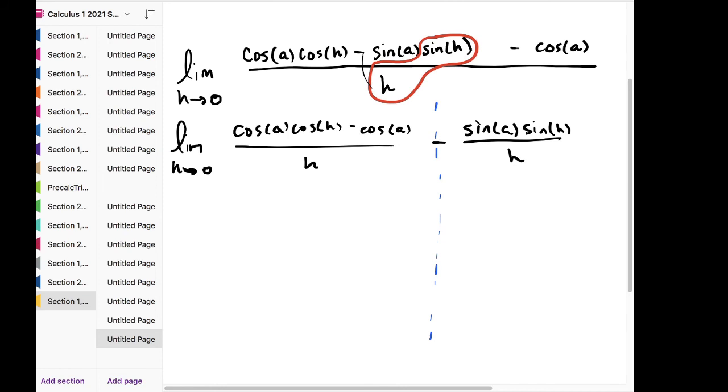So cosine a is just like a number. Yeah, you can take out the cosine a because there's no h involved. Yeah, the second part, with the negative, is negative sine of a. We'll do that one at the end. Okay. So do you remember how to solve this type of limit?